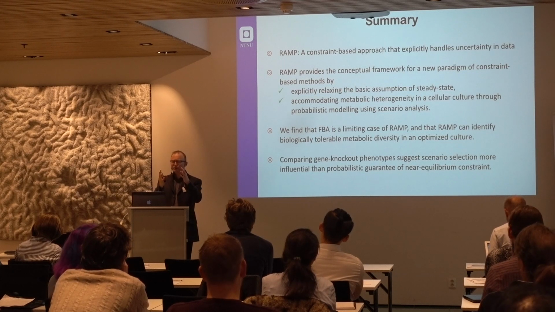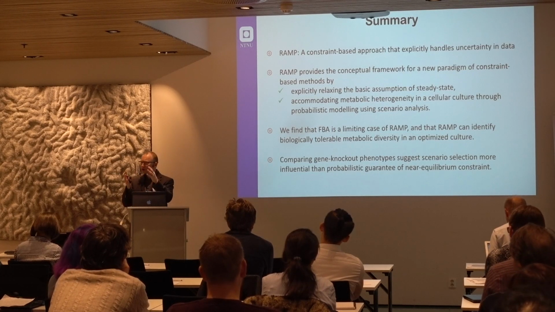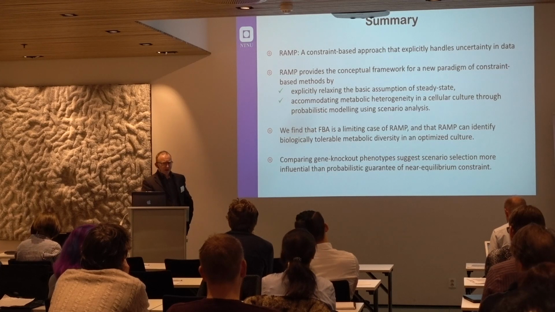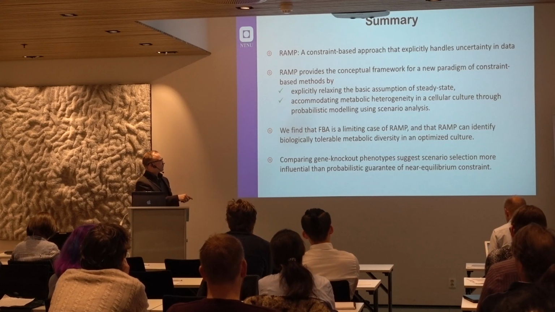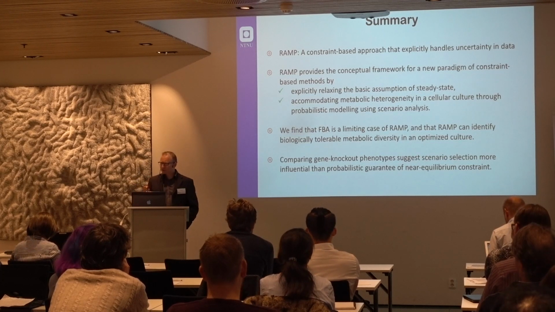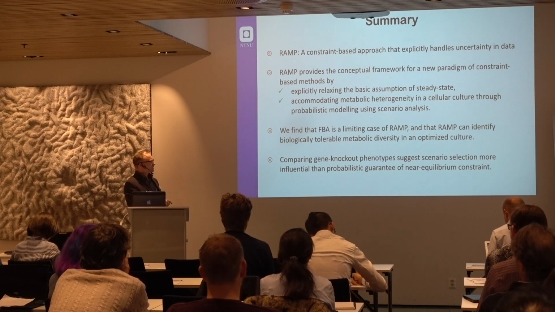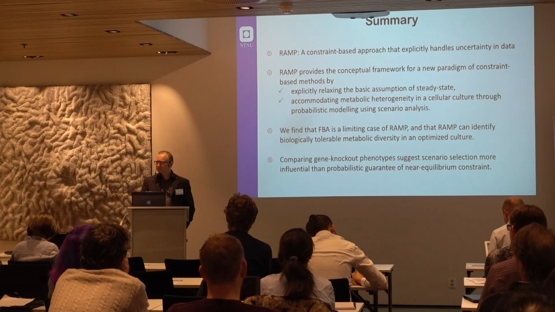What is the level of heterogeneity that a population can tolerate and still have FBA solution as its optimal solution? And we have applied RAMP on actual genome-scale metabolic models, not the smallest we could find, but pretty big ones for single organisms. And I would say it fares pretty well.